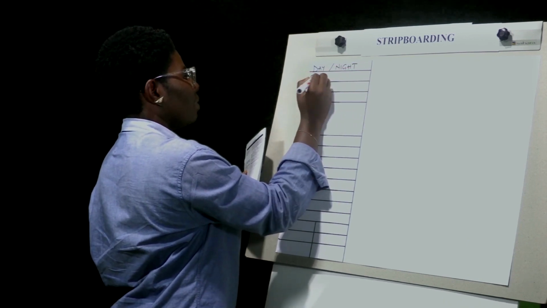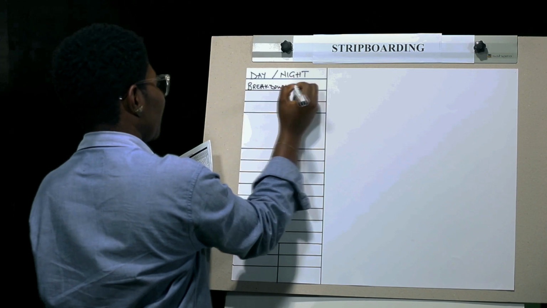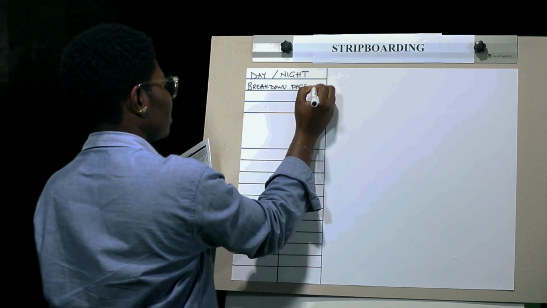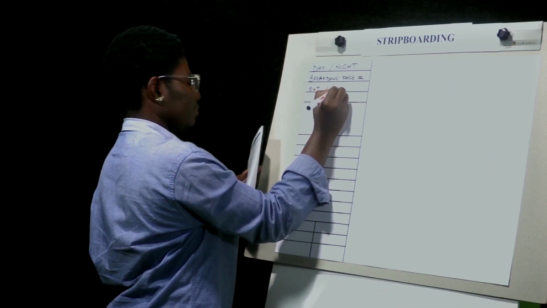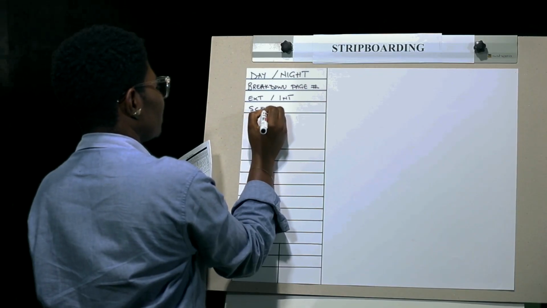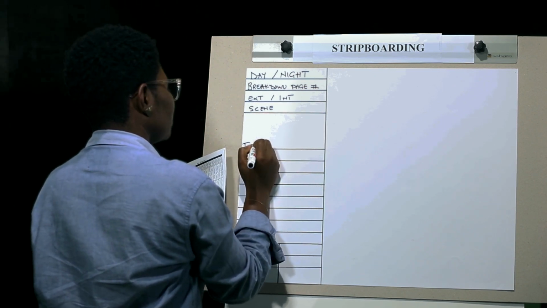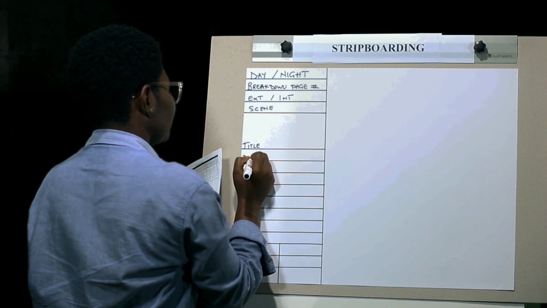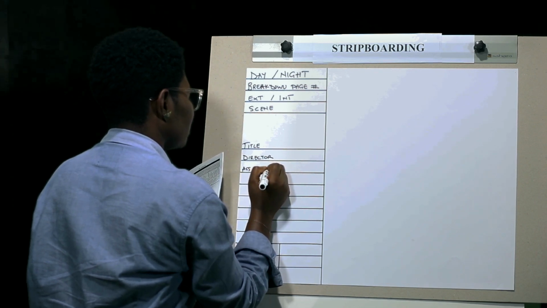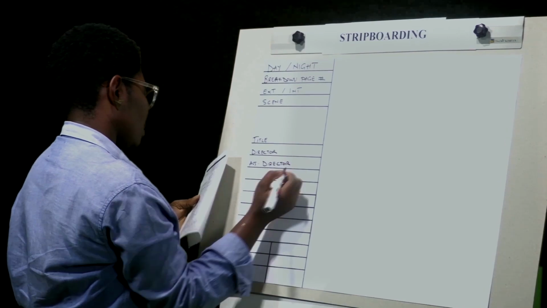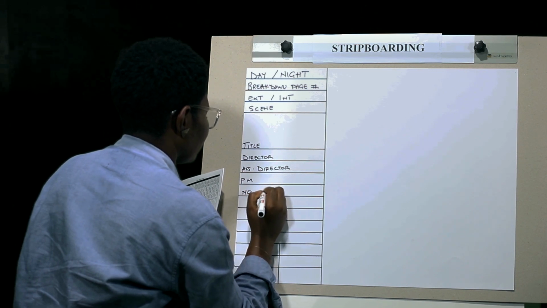Then we have our breakdown page number, exterior or interior, scene, our title, director, assistant director, production manager, number of pages.